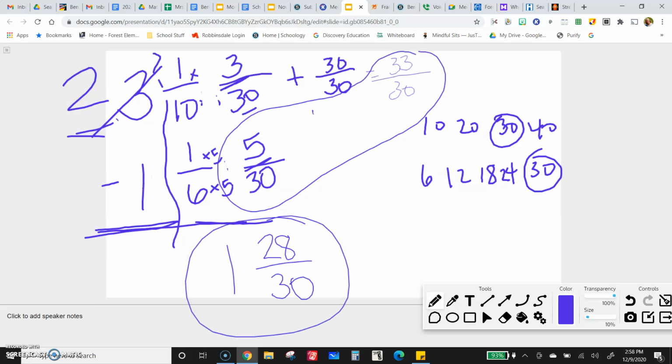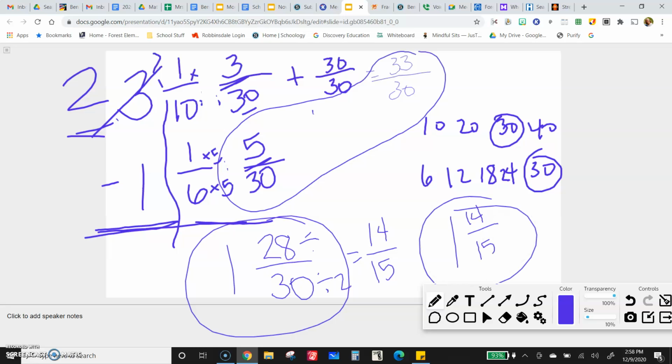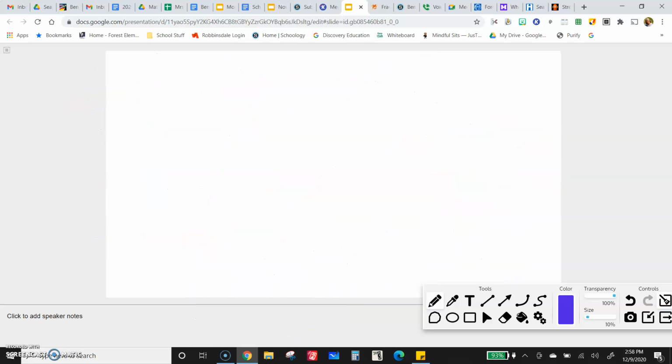So that is my final answer. Now I do need to simplify. Divide them both by 2 to give me 14 15. So technically my final answer is 1 and 14/15. I don't simplify my whole number. It's still just 1 whole. Or however many wholes. Alright, let me do another example to show you how borrowing works.